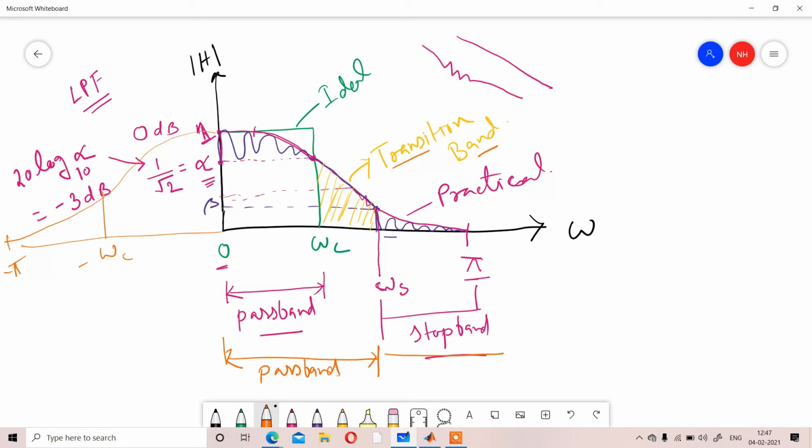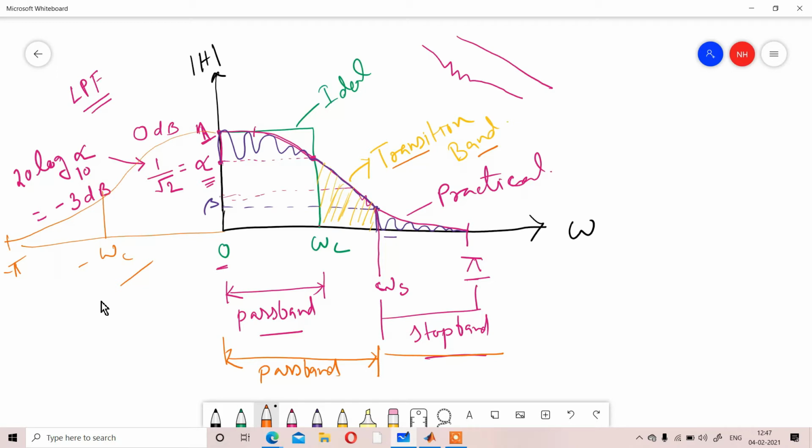But if we work on an anti-causal system, then we have to consider the negative part. For that case, simply make omega c as minus omega c, keeping the magnitude same. So for an anti-causal system, that filter will work. You don't need to do extra work for that. Clear? ক্লিয়ার স্যার। Okay.